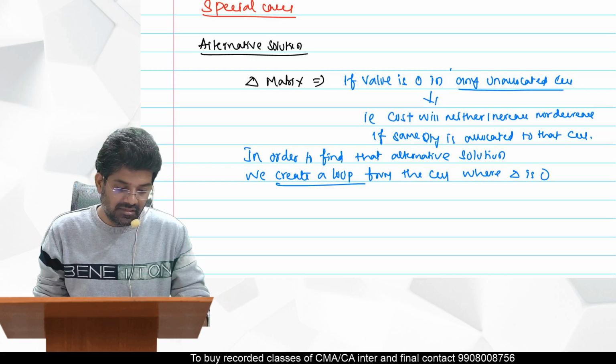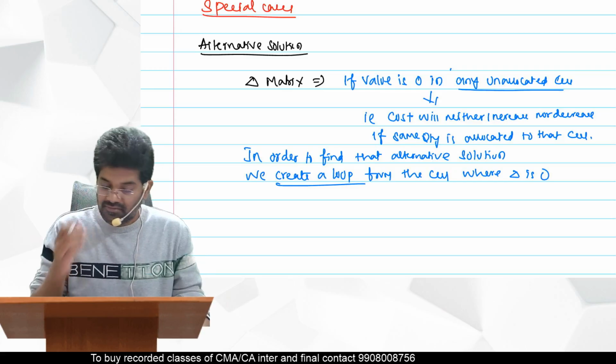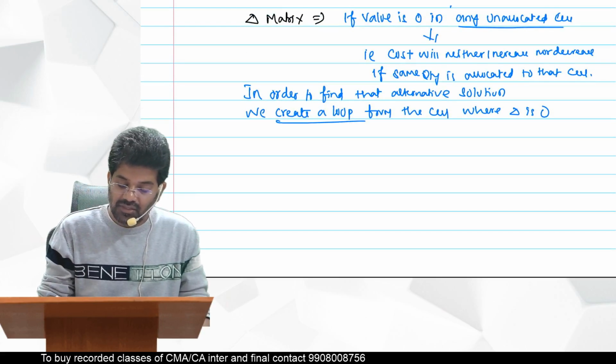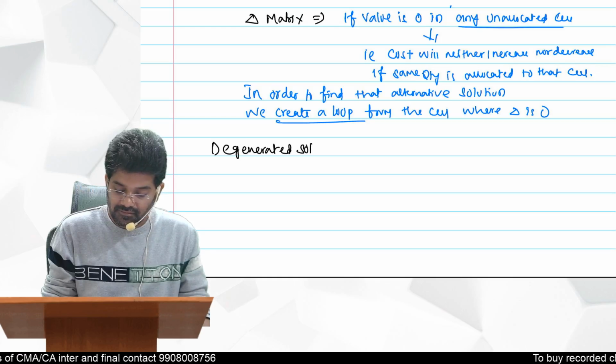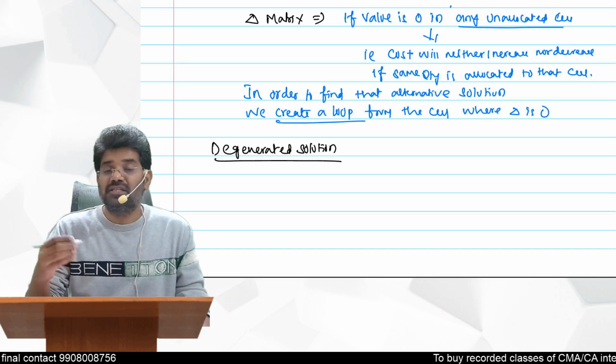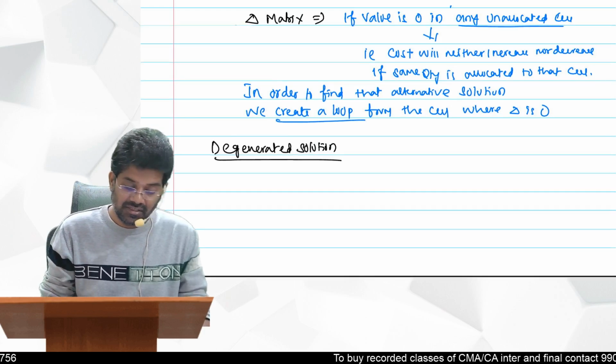Next thing is degenerated solution. Degenerated means what? m plus n minus 1 is not equal to your number of allocations.